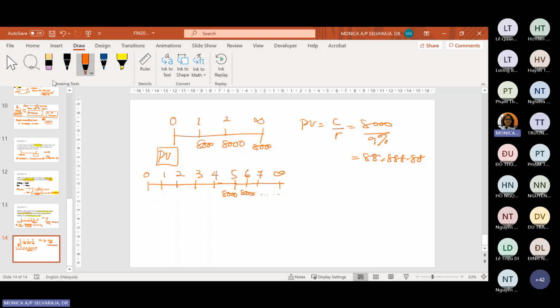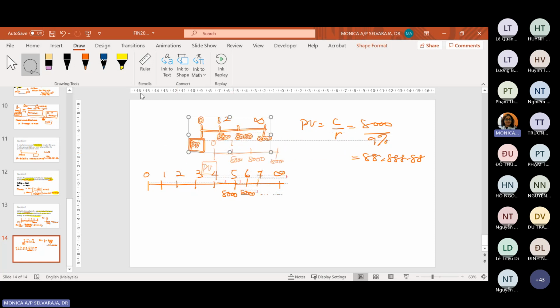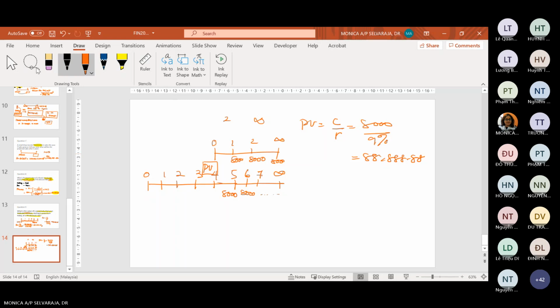So now I want to calculate the NPV formula. So the NPV formula will be here. The present value, we will be at the 40th.